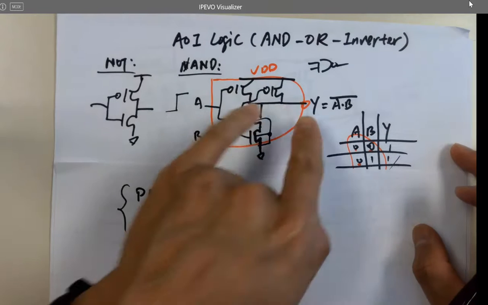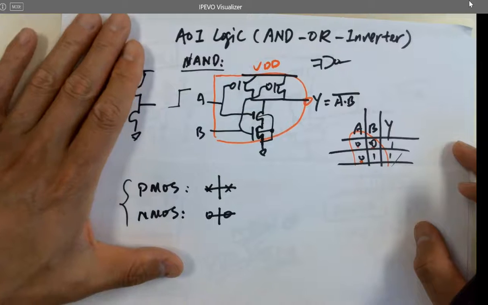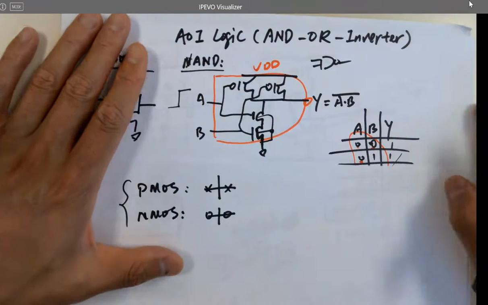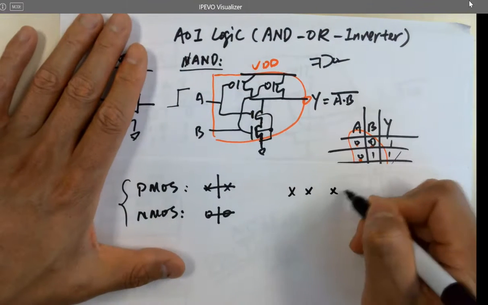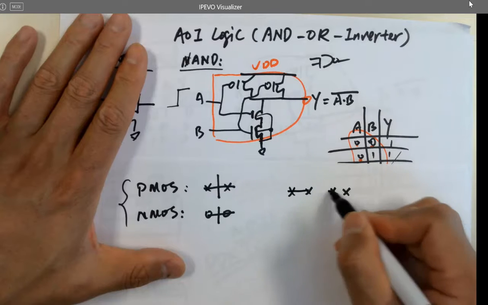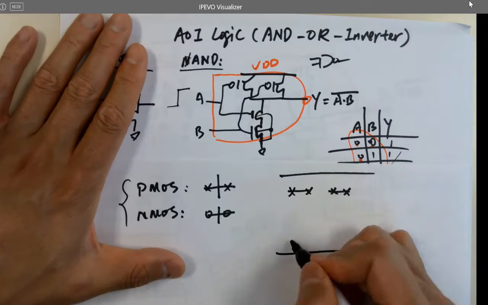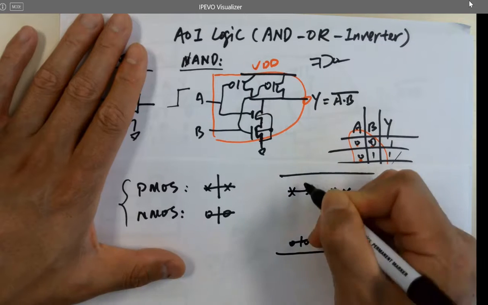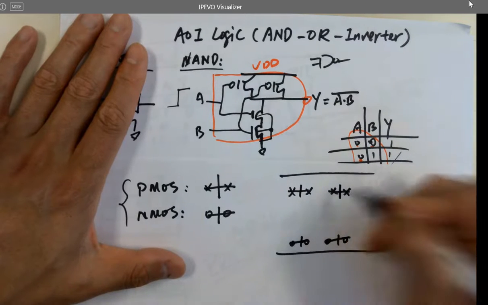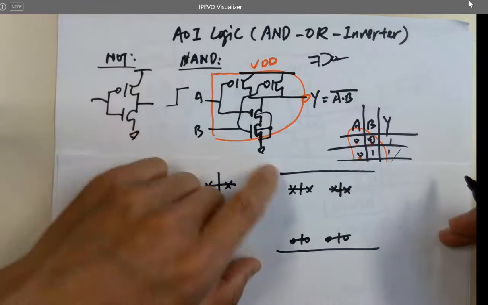So for the two PMOS on the top in parallel, how do we do it? Two PMOSes, right? You got one, you got another one. Here's the top rail, here's the bottom rail. I got two NMOSes. These two are in parallel.